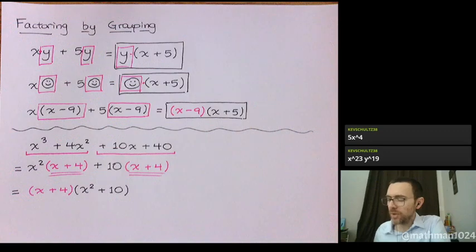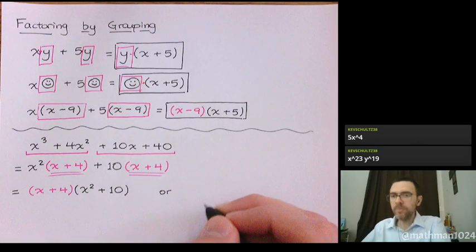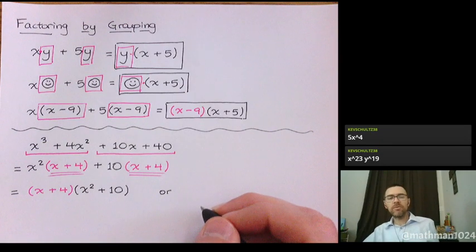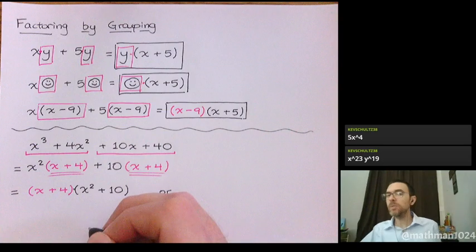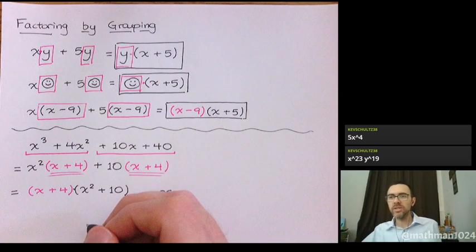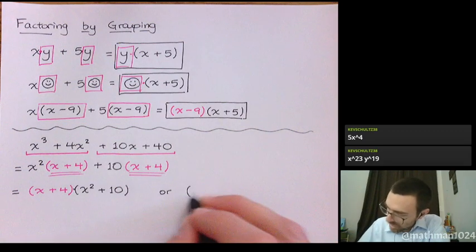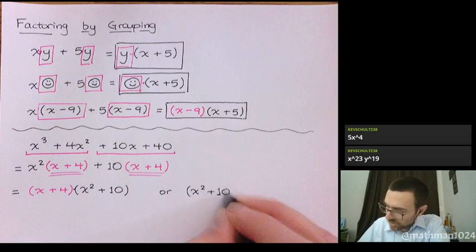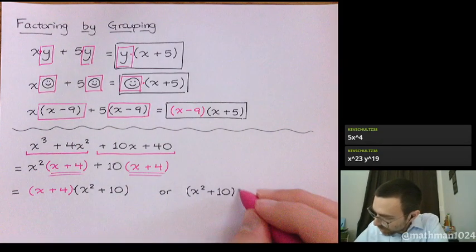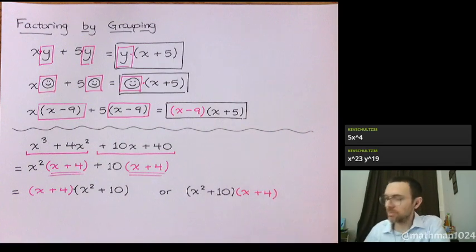Now, I know some of you out there are saying, well, I did mine a little bit differently. My answer doesn't look like yours. The thing to understand about factoring is that this is multiplication. And as I've said before, the great thing about multiplication is that the order doesn't matter. And since the order doesn't matter, you may have this written as x squared plus 10, and then maybe you have the x plus 4 as the second factor.